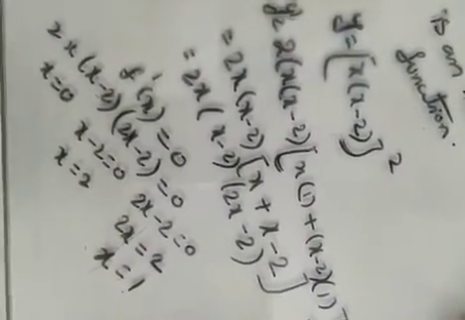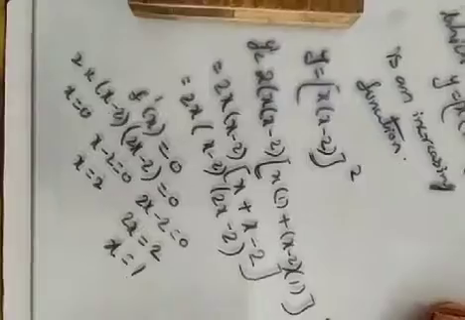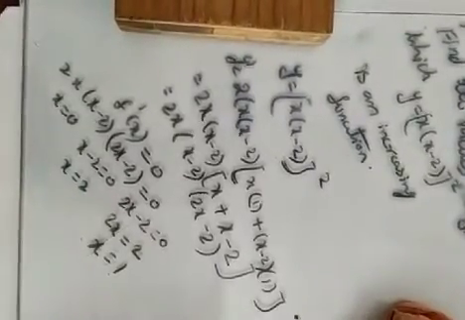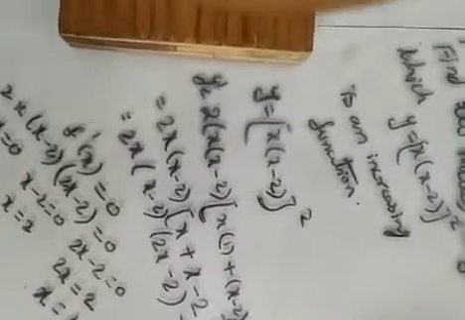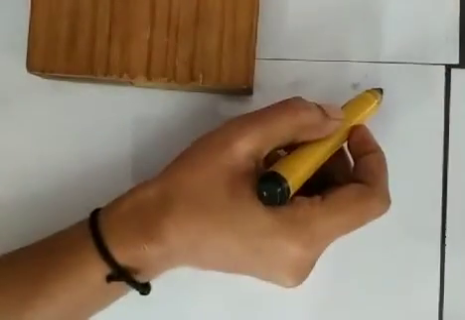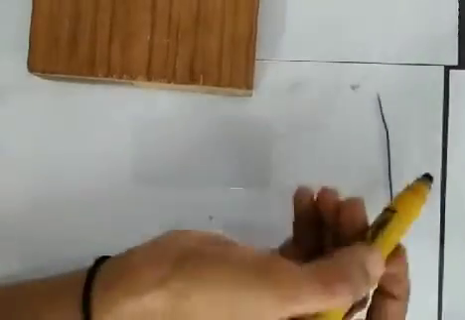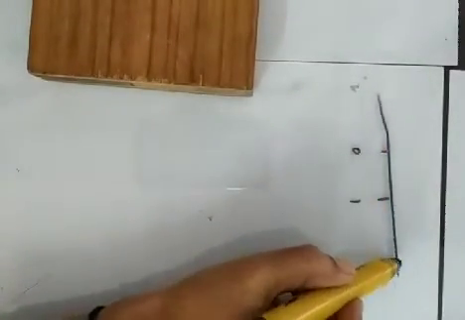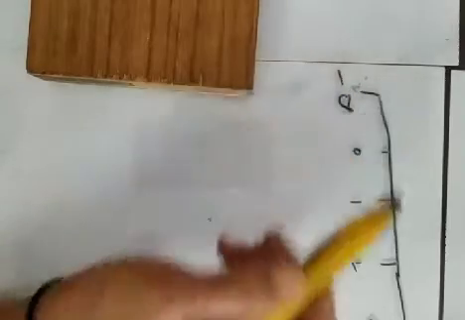I hope you have copied it, children. Next, you got the three roots, isn't it? 0, 1, 2, plus infinity to minus infinity.